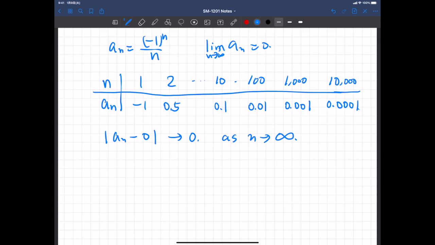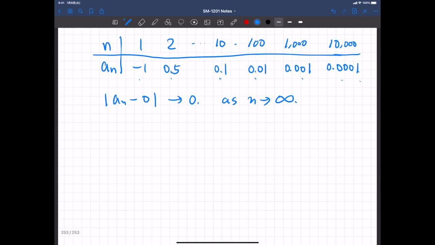As you can see, this is negative 1, 1 half, 0.1, 0.01, so it gets smaller and smaller as n becomes bigger and bigger. For example, if n is greater than 100, then the difference between an and its limit 0 is less than 0.01.